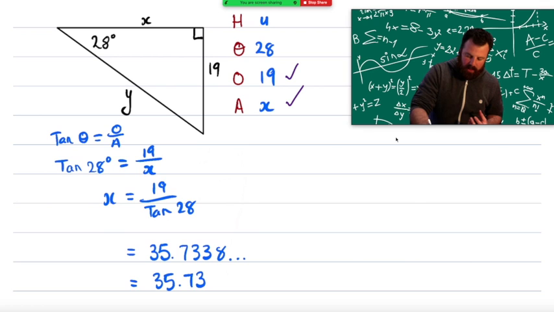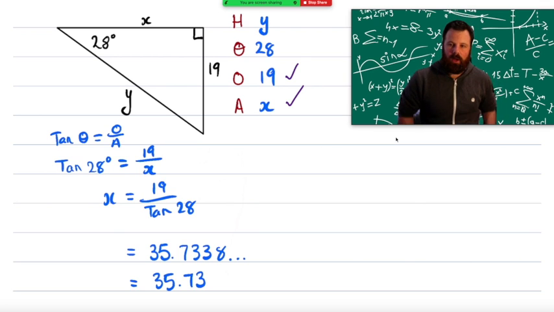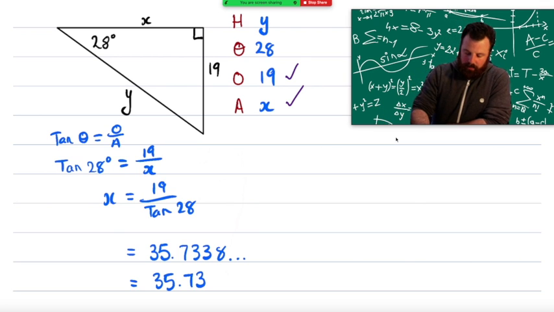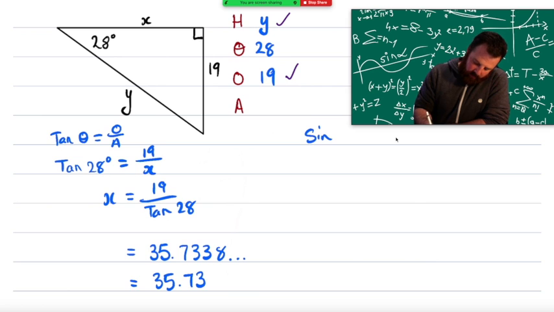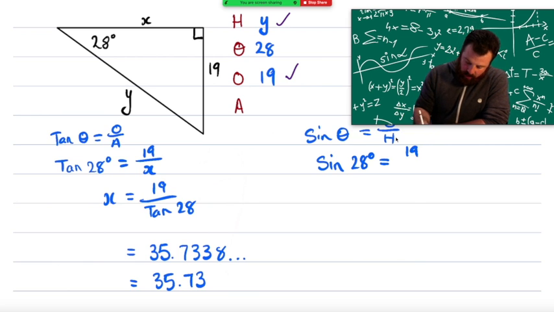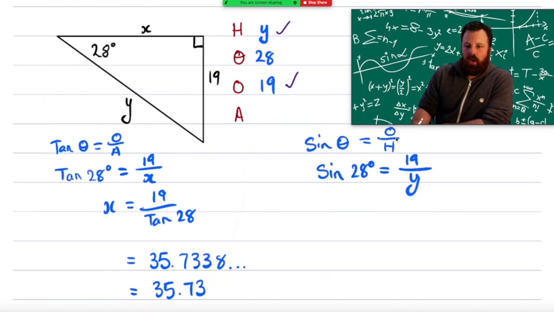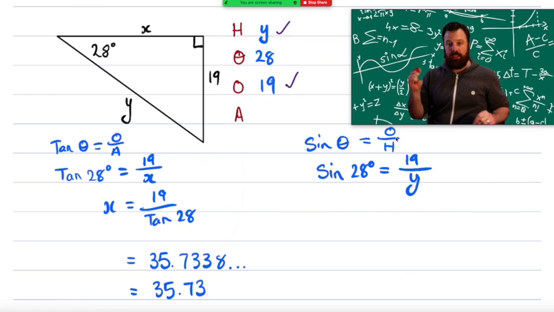So coming back up to my question here, I now put y back in there, and what I'm going to do is ignore x. So looking, what deals with the opposite and the hypotenuse? Well, that's sine. So sine of my reference angle is opposite over hypotenuse. So sine of 28 degrees is going to be my opposite side over y. And when I look at this one here, I recognize again my unknown's in the denominator.